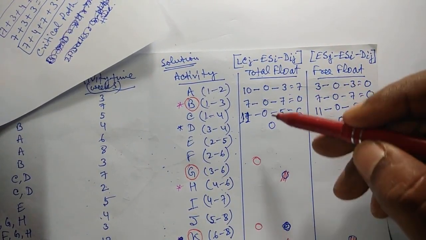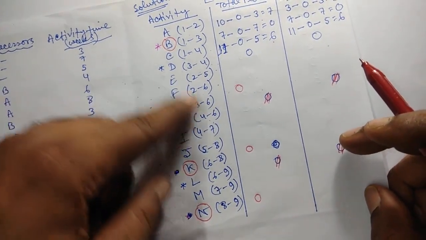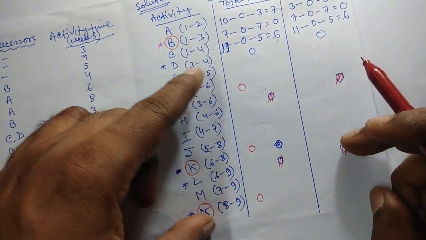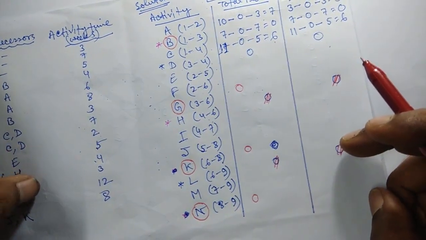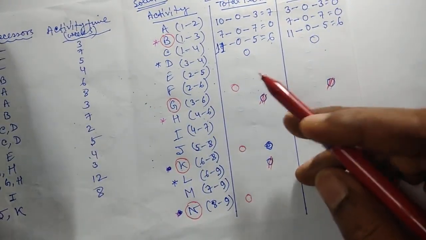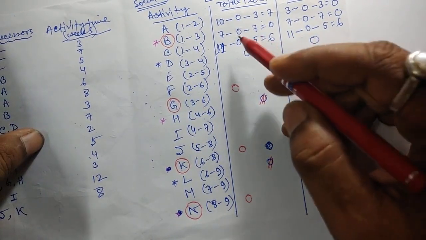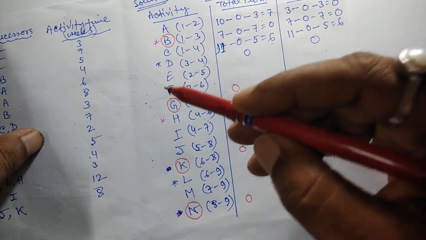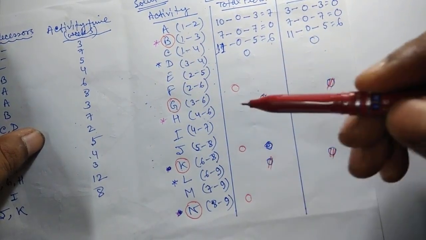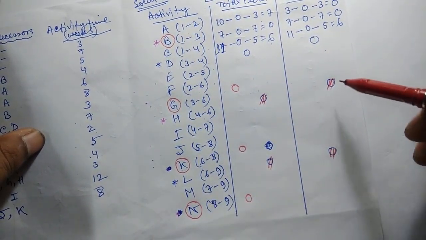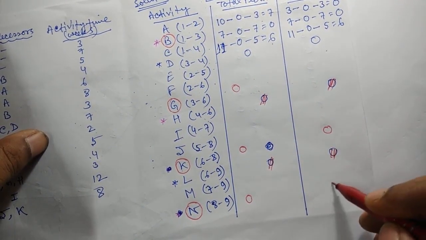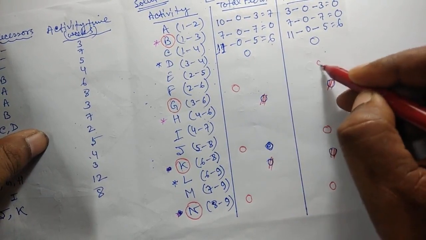In this way we can calculate total float and free float for all the activities, and I hope you will do it yourself. So for non-critical activities you have to calculate total float and free float, and you know that for critical activities total float and free float will be 0.